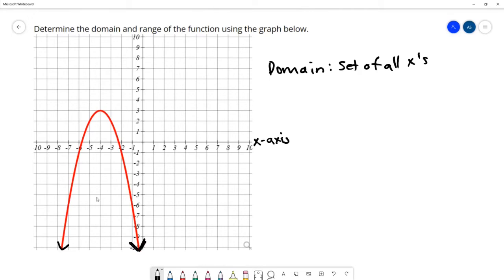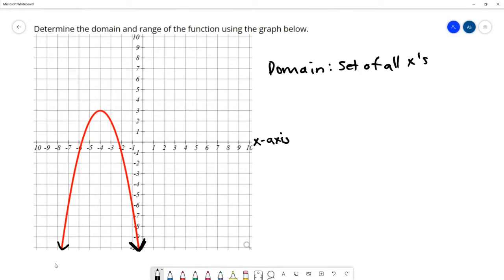So with that in mind, with this graph continuing, this pattern is going down and to the left. It will continue to go down and to the left, and that tells me that all of these x values are a part of our graph, continuing on forever going to the left, because that pattern goes on forever to the left.